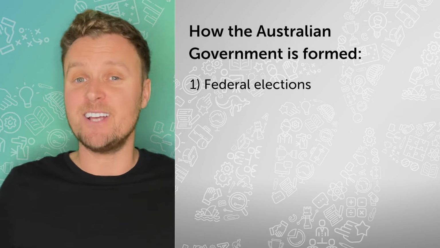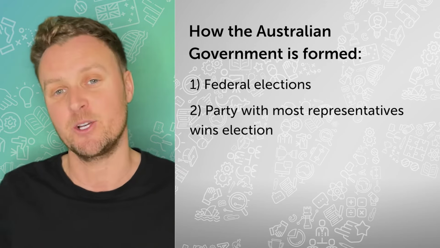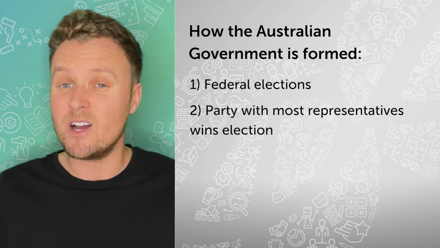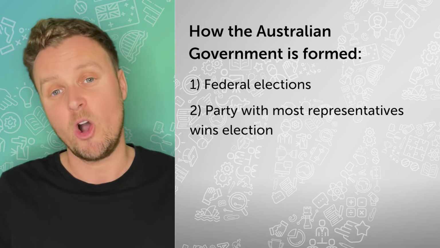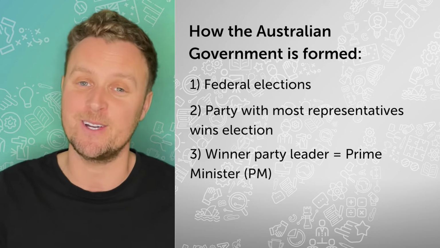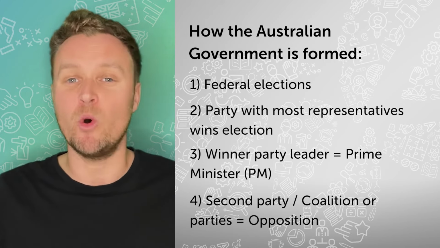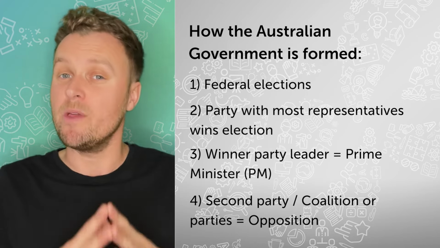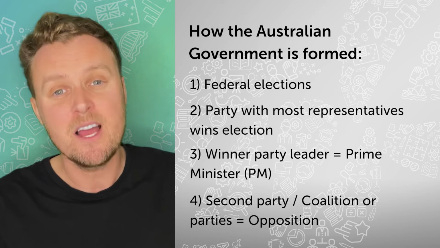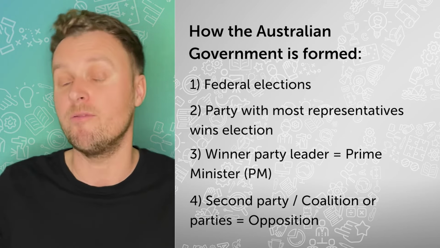Whichever party has the most people in the House of Representatives wins the election and becomes the Australian government, with the leader of this party becoming the leader of the Australian government, also known as the Prime Minister or PM. After the federal election, the party or coalition of parties with the second largest number of members in the House of Representatives forms the opposition. Its leader is called the Leader of the Opposition.